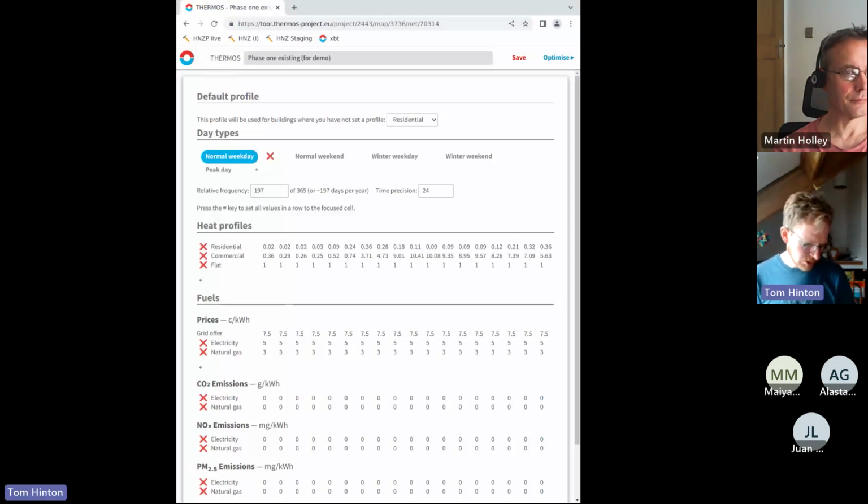So the load profile theoretically is like an annual description of the shape of the demand.